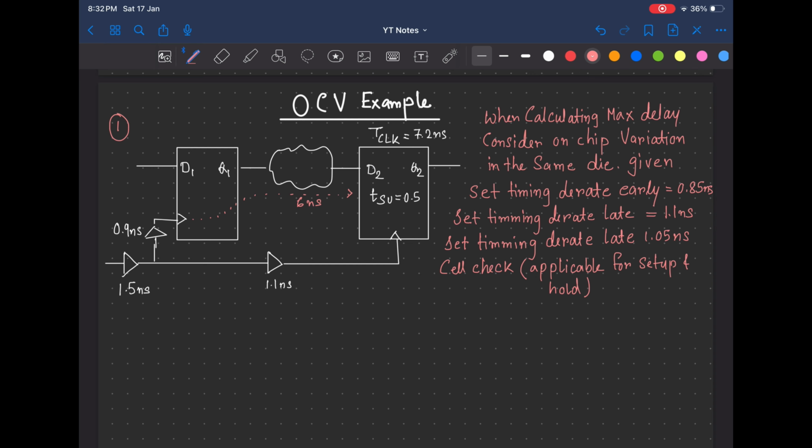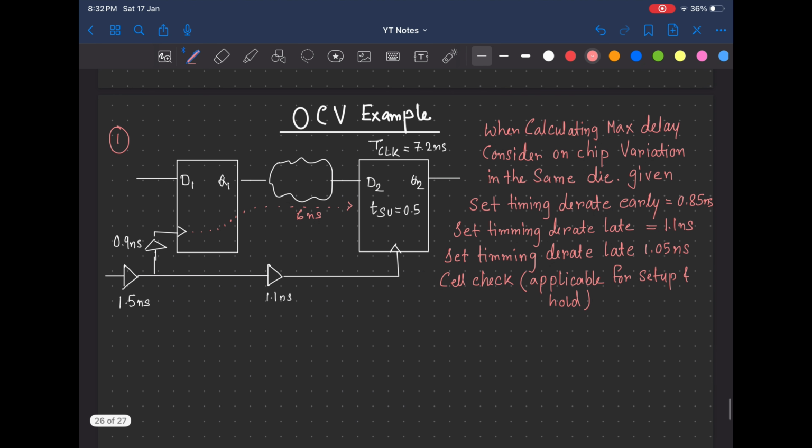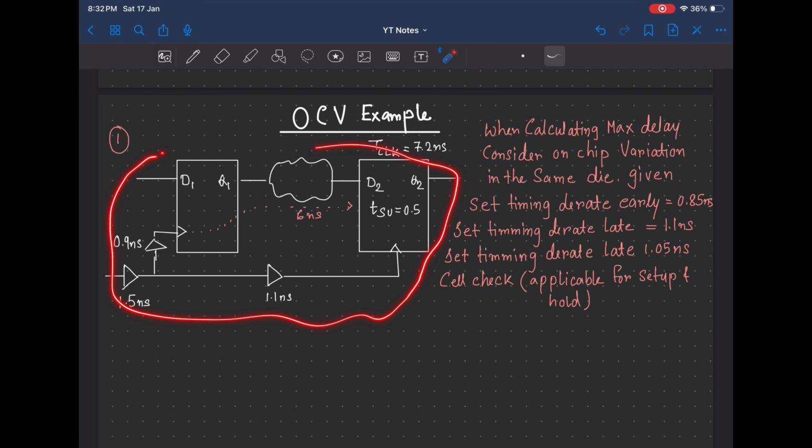So let's start with the OCV example we have taken. I think you have seen this diagram several times, so I don't need to discuss it again and again.